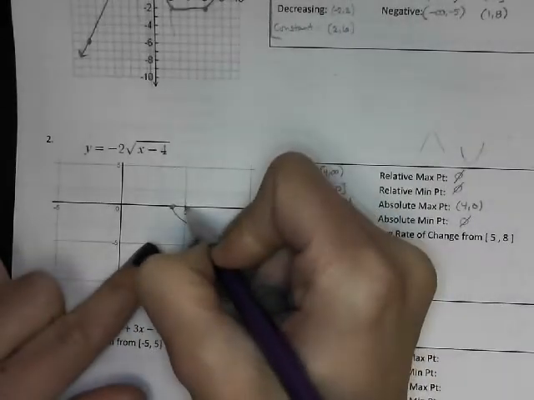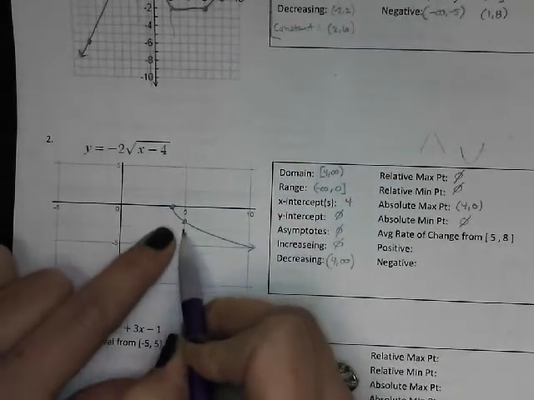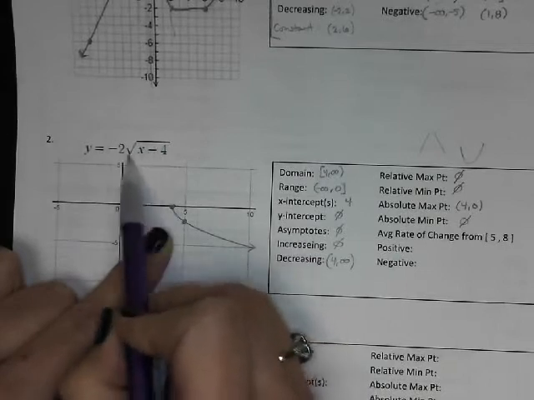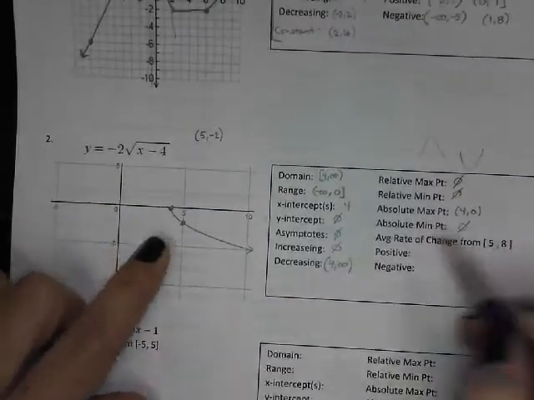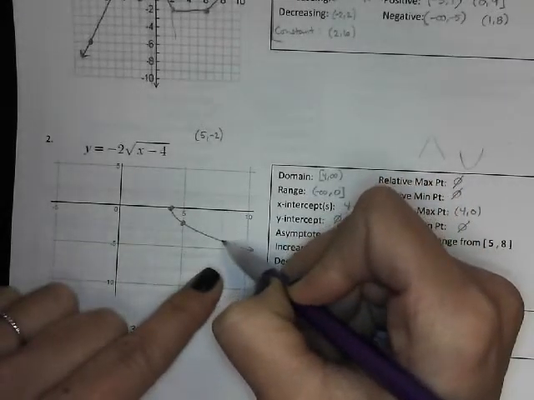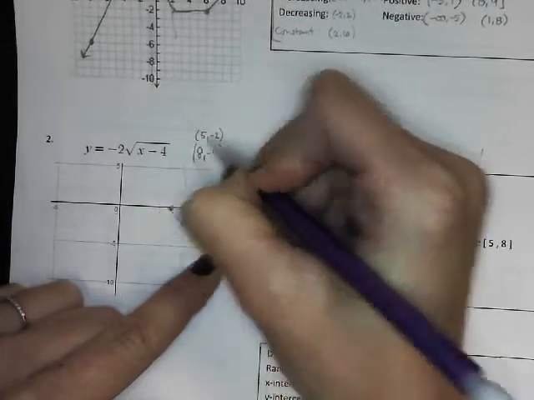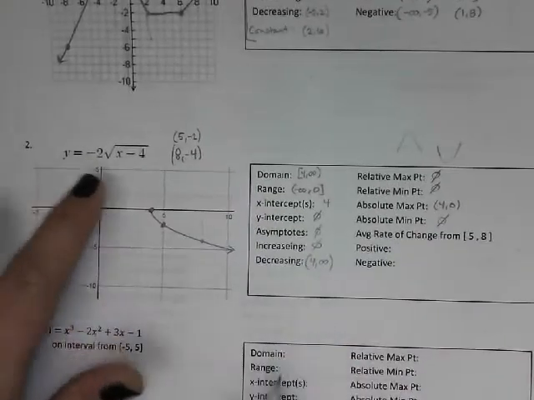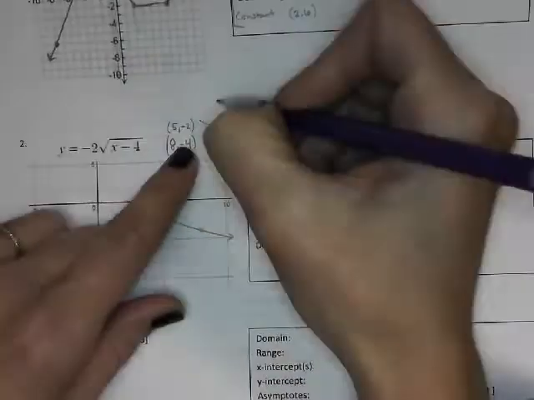The average rate of change from 5, which is this point, now we can see pretty clearly that's (5, -2). If you couldn't, you would plug in 5, and you would get -2. To 8. That's (8, -4). Again, if you couldn't see it, you could plug the 8 into the equation and get it. So your average rate of change is your slope formula.